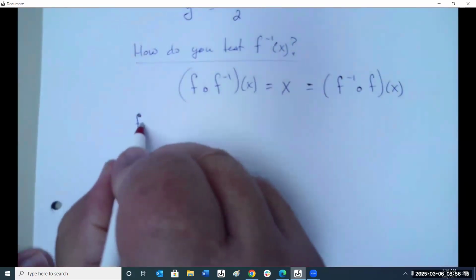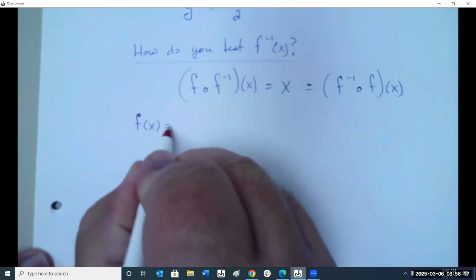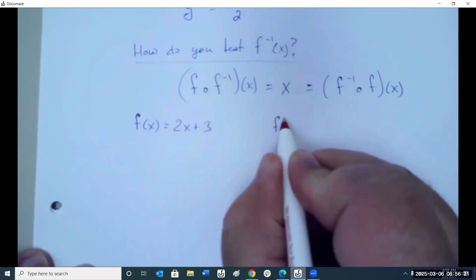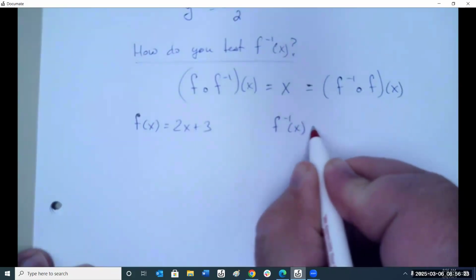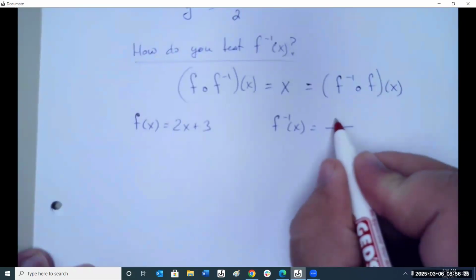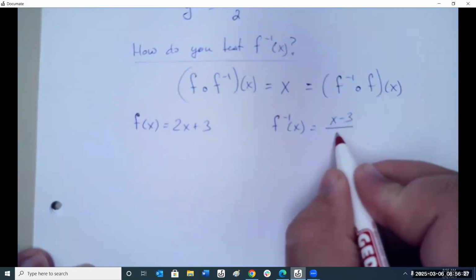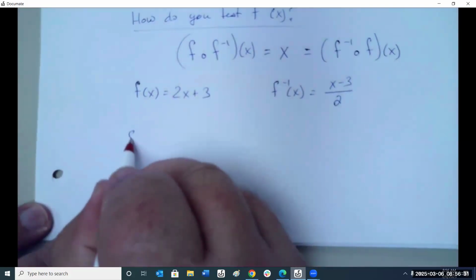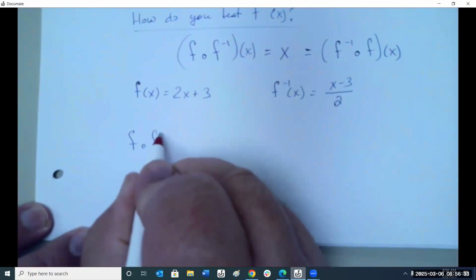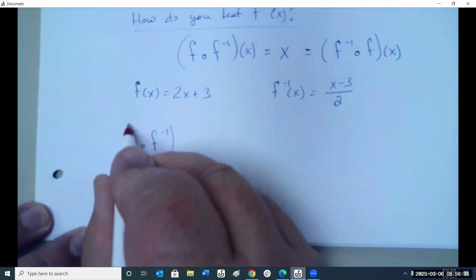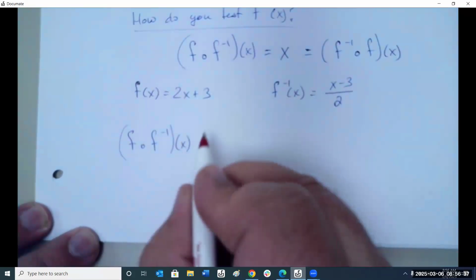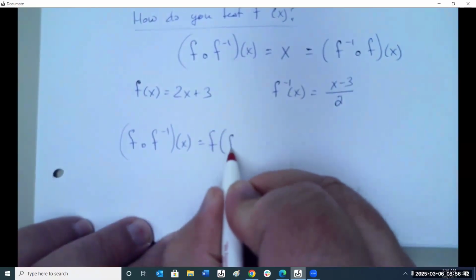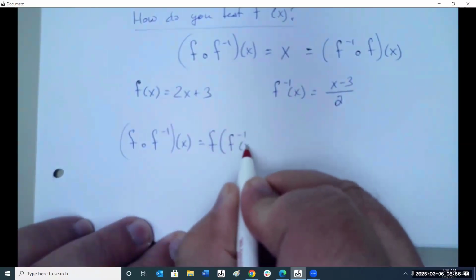So in our example, we have f of x is equal to 2x plus 3. Our f inverse of x is x minus 3 over 2. So what the first one tells us is we got to take f of f inverse.